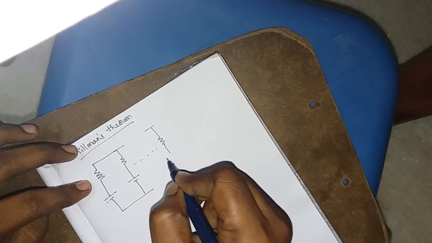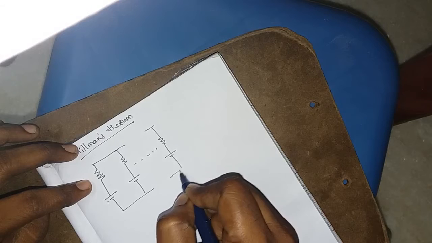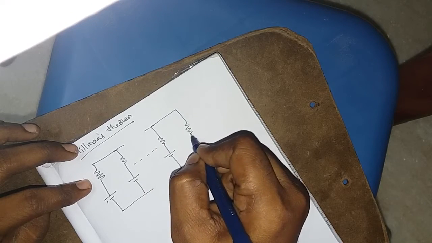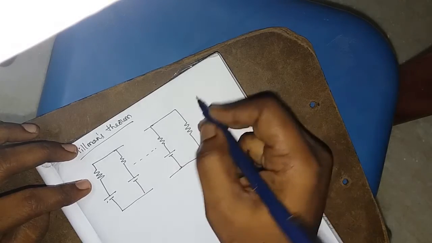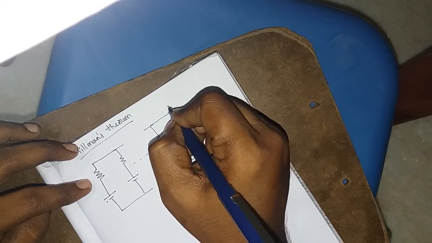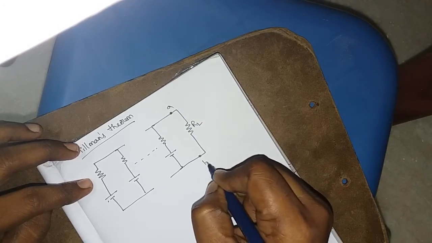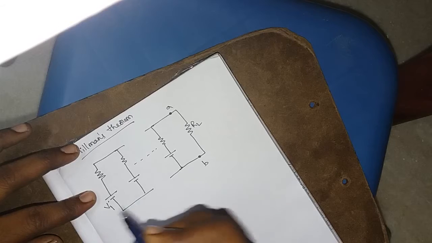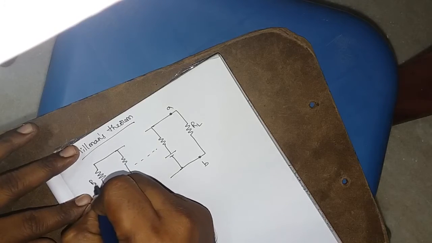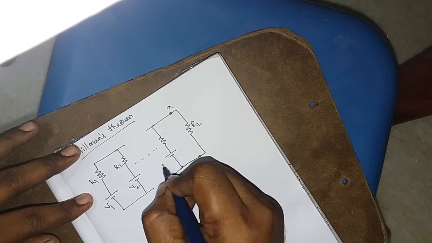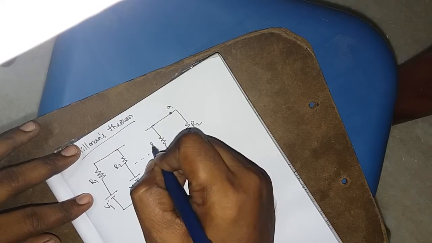Let there be n batteries, and these are connected to the load resistance RL in this fashion. Let this be A and here B. Let the first battery voltage be V1 with R1, then V2, R2, and so on, Vn, Rn.